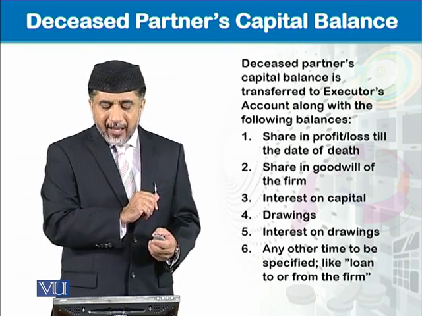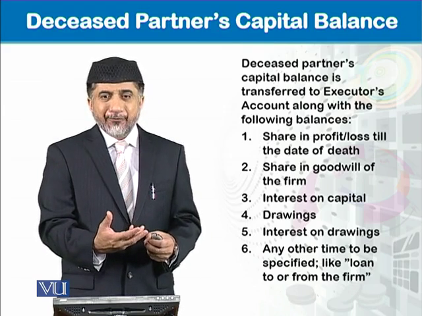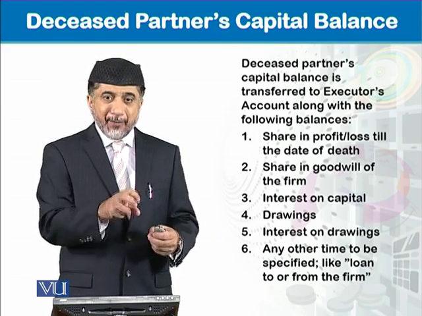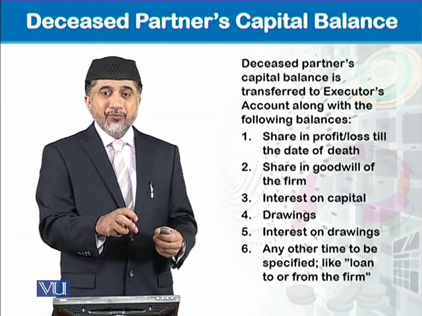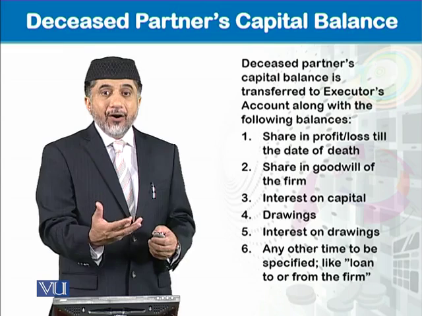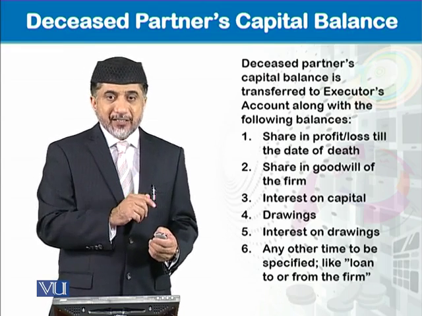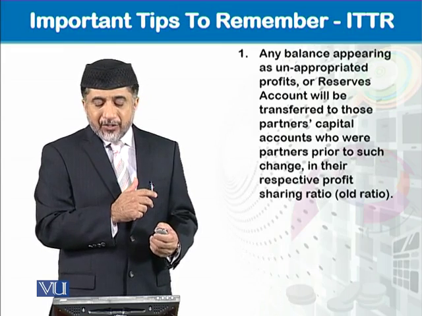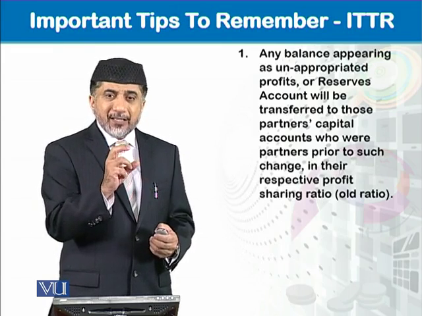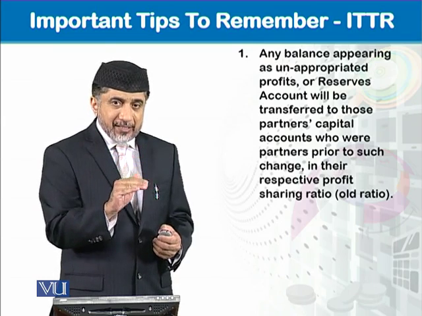And if there is any other item belonging to the deceased partner appearing in the balance sheet, like reserves that belong to the owners, it will be given to the deceased partner's executors by giving credit.